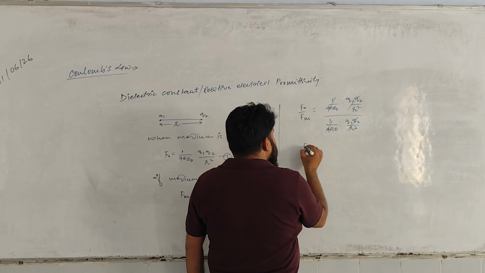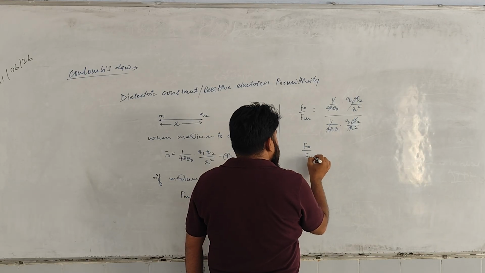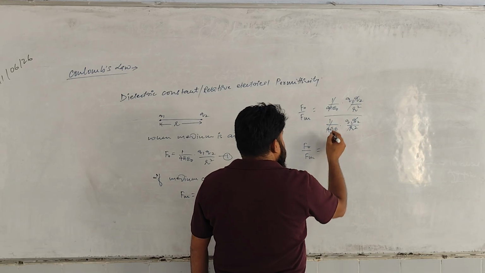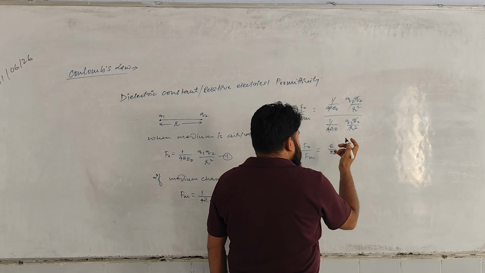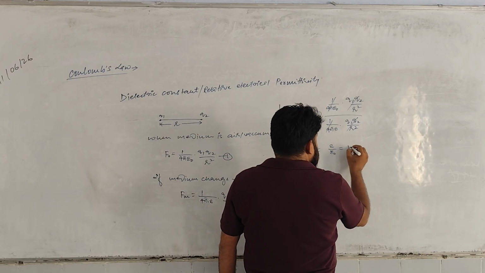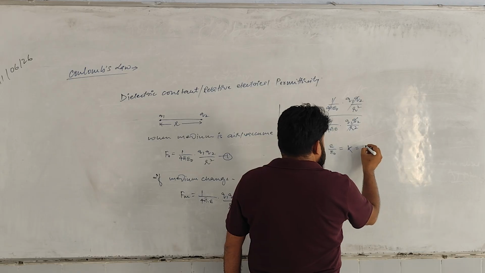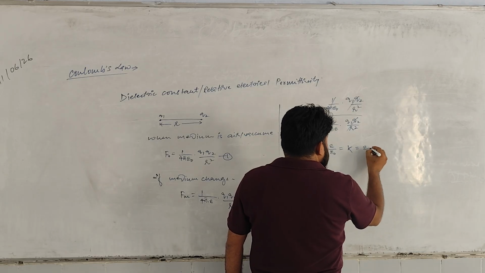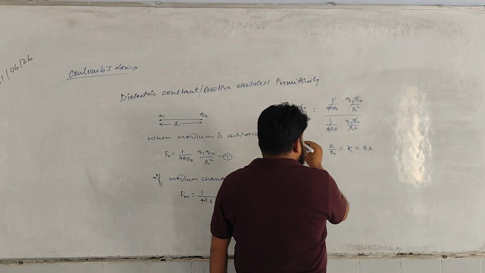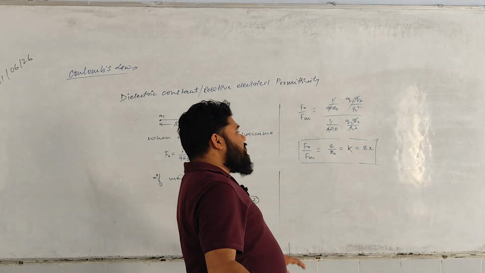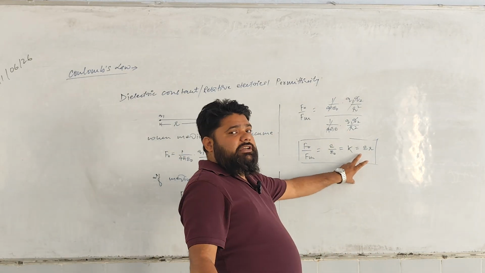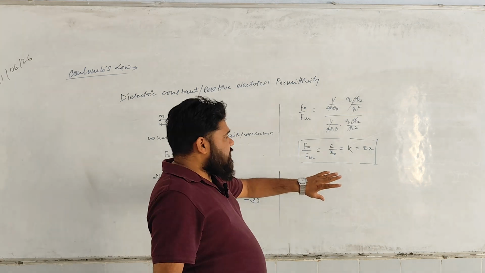Then we get F naught over Fm is equal to epsilon upon epsilon naught, and that ratio can be denoted as the dielectric constant, or can also be named the relative electrical permittivity.